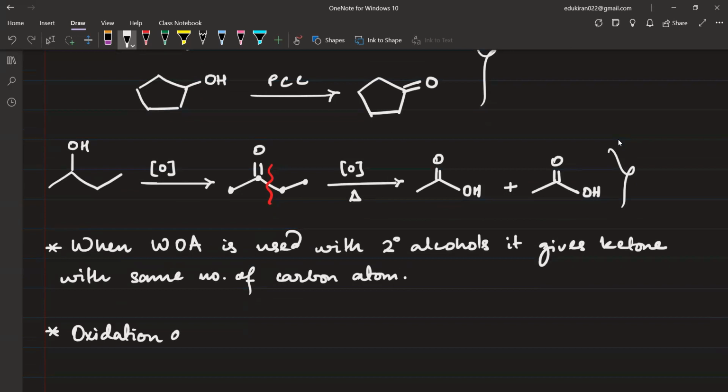Oxidation of 2-degree alcohols in drastic condition. Drastic condition we have already seen, that is a strong oxidizing agent and heat.